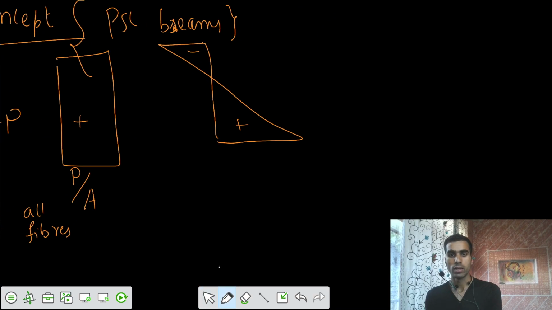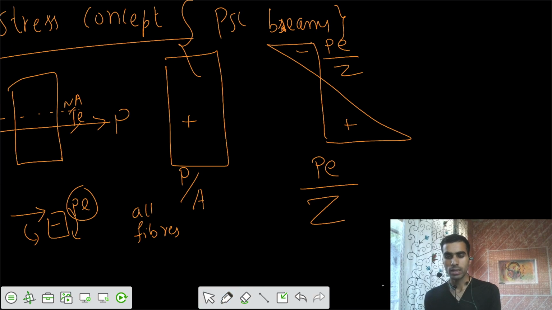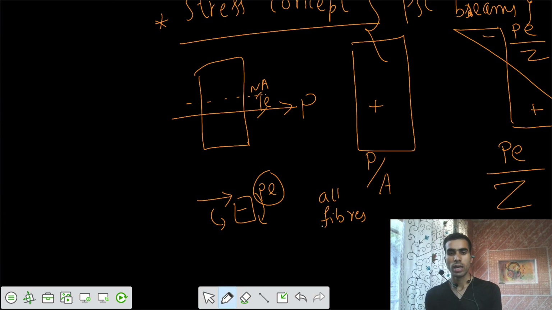Then we write that Pe. This is your moment, and when you divide by the section modulus, moment by Z, that is your bending stress. So Pe by Z, and at the top we also write Pe by Z. And if you apply moments, let's say a positive bending moment because of external loads, a sagging bending moment has developed because of those external loads.